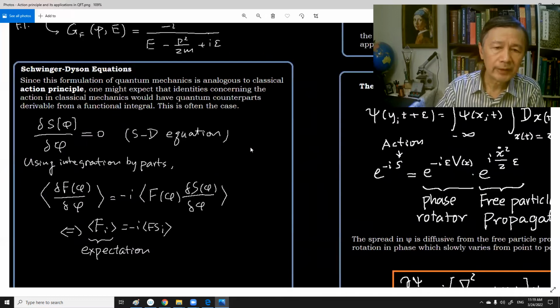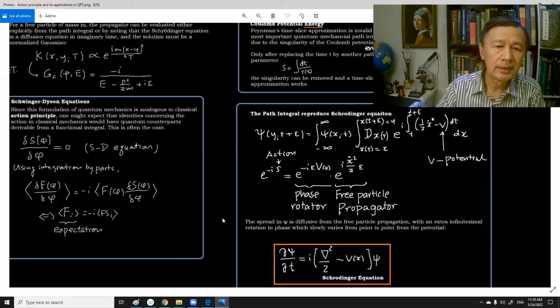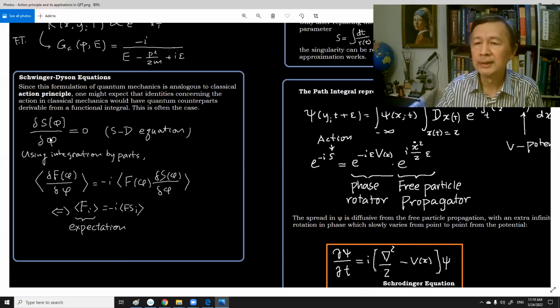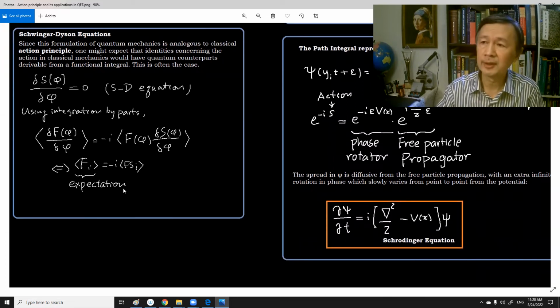But I would like to draw your attention that this is some detail about the Dyson equation. Again, it is focused on how to find the stationary point of this action, so that we can derive the equation of motion, or in this case, the expectation of the measurable variable.